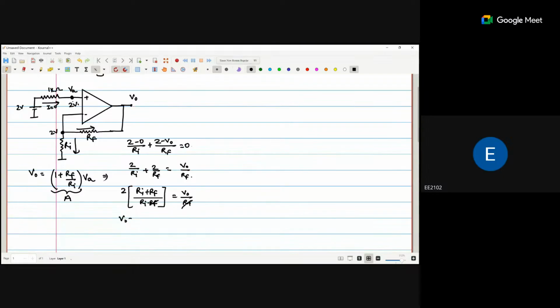So V naught is equal to 2 times 1 plus Rf upon Ri. And 2 is what? VA. So in place of 2, I can write VA also. Clear? Any doubt? This is basically the non-inverting amplifier we discussed in the last class.